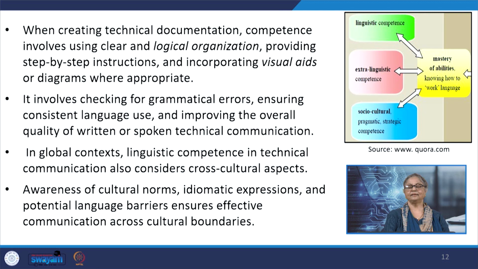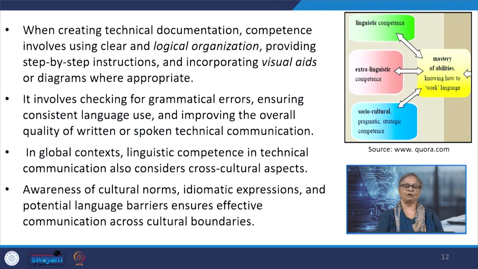While creating technical documentation, we must also use a clear and logical organization, providing step by step instructions, incorporating visual aids or diagrams where appropriate, and using links in an effective manner.